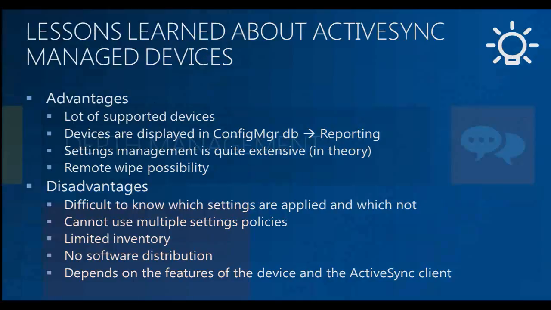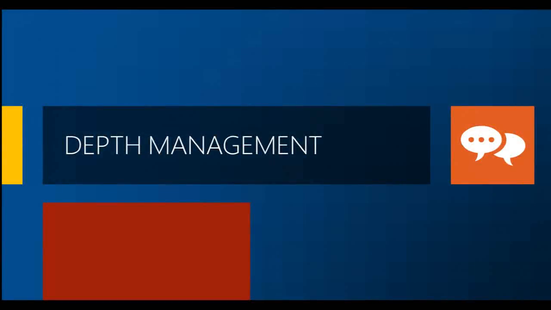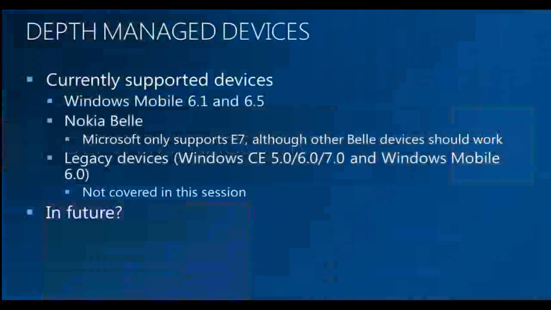Let's go then to this depth management. So what are the supported devices? Windows Mobile 6.1 and 6.5. And Nokia Bell. Bell is the latest dialect of Symbian mobile operating system.